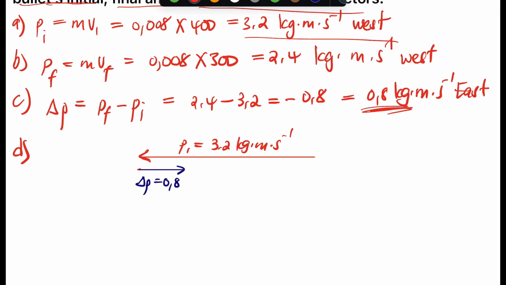The final is 2.4 going to the west, and you draw from the tail of the first vector to the head of the last vector. So it's going to be like that, which is 2.4, and the 2.4 is the P final. Right, that's how you draw the vector diagram of that.